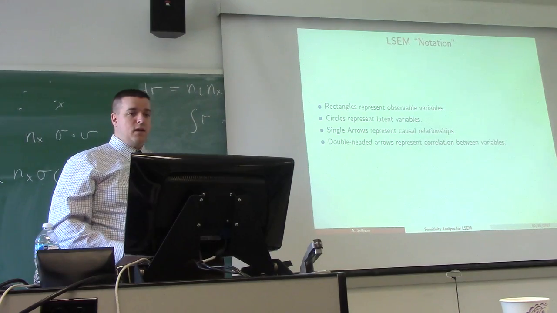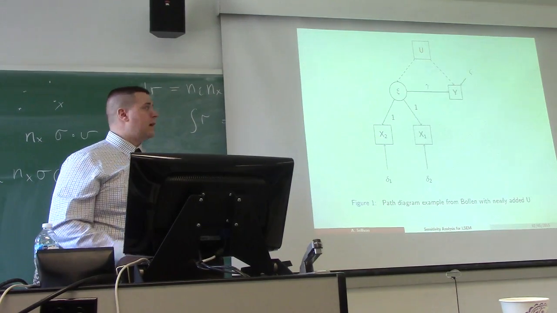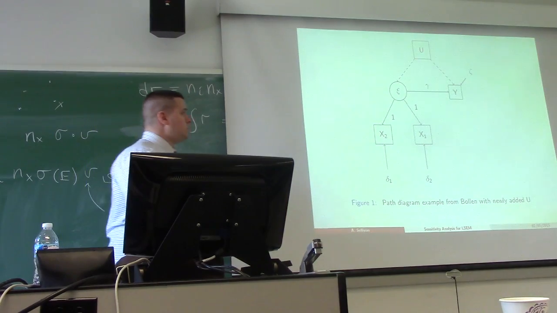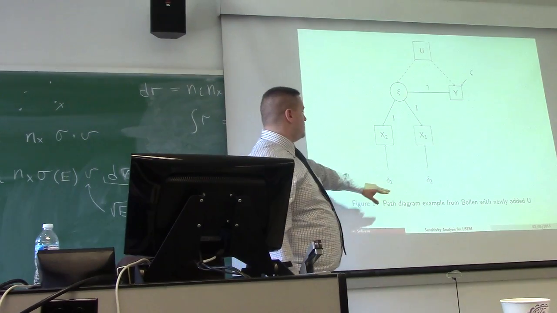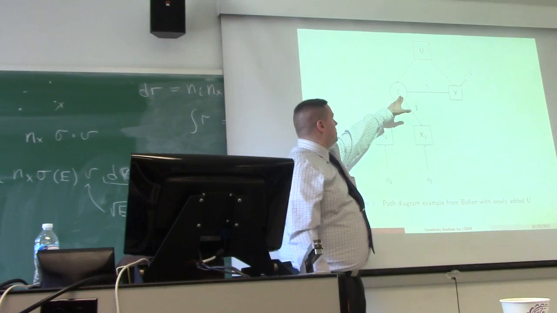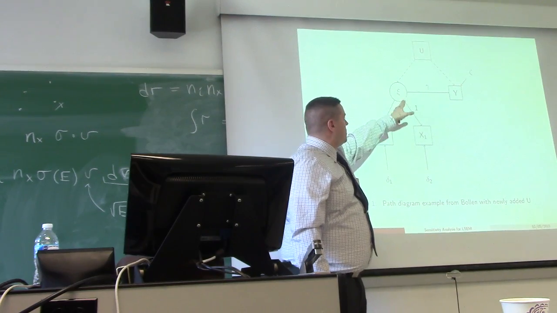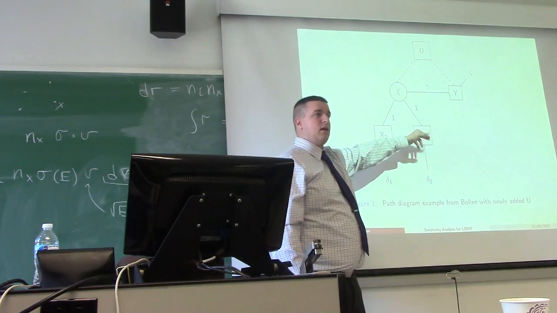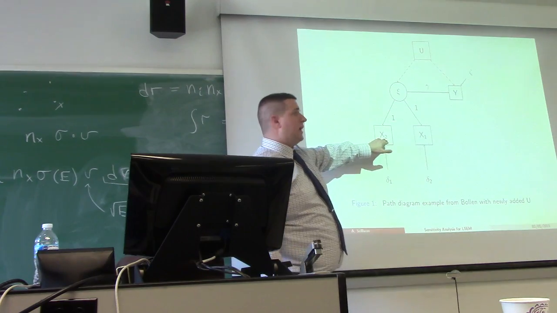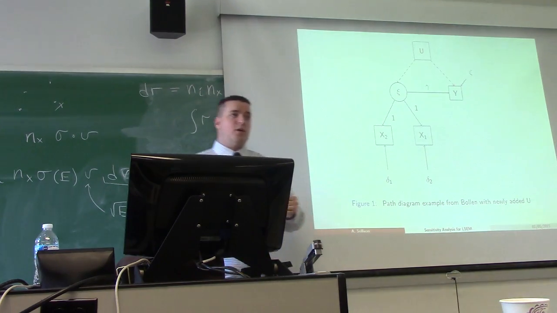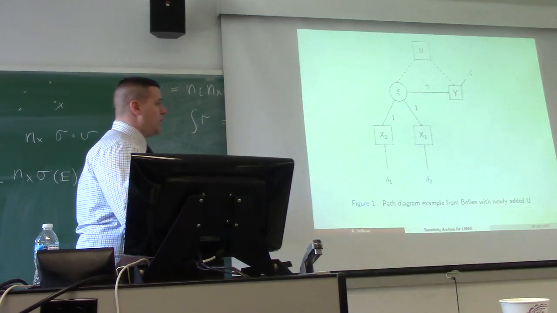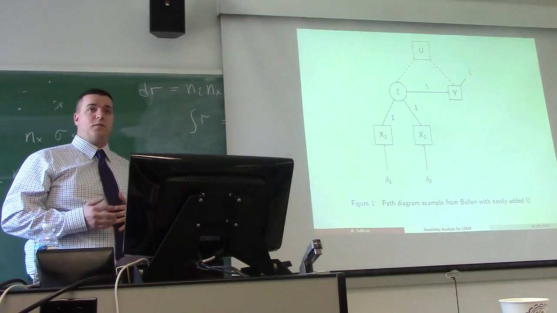So if you go to this diagram here, we would say that this latent variable has a causal impact on x1, also has a causal impact on x2, and the variable y. So x1, x2, y are all observable variables.